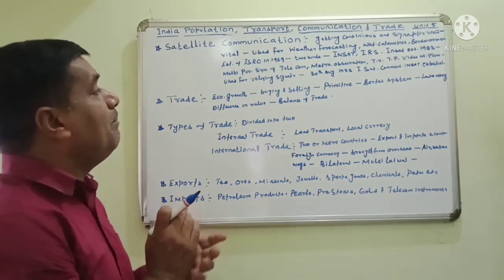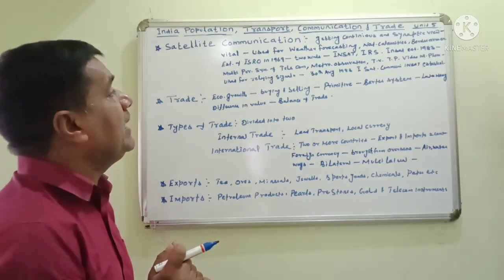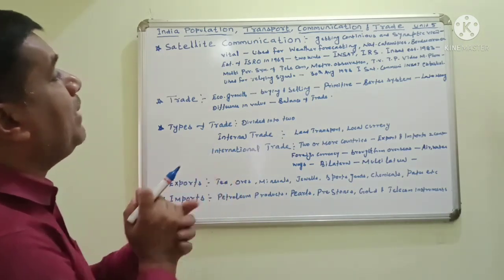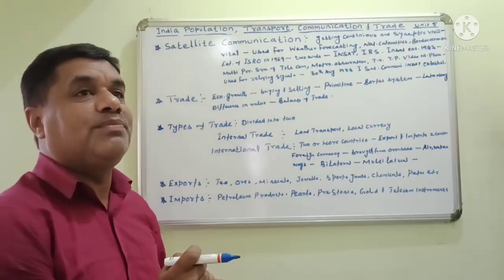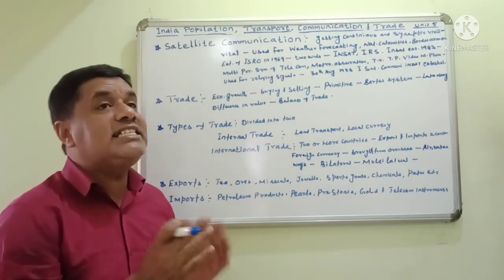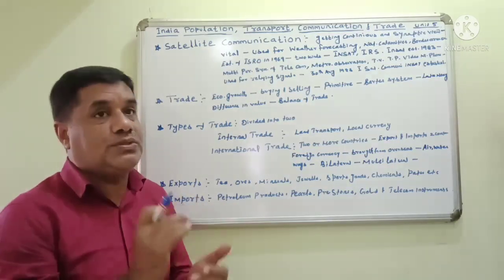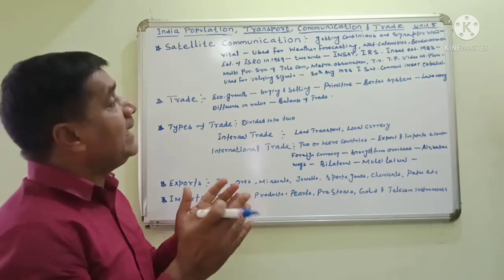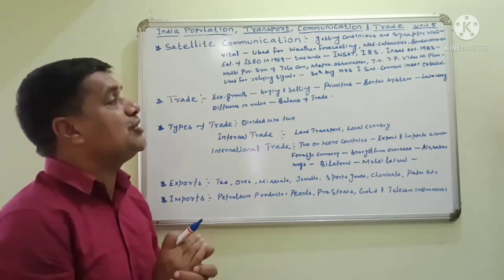Trade is the buying and selling of goods and services from one place to another. Primitive man used the barter system. In early days, only the barter system was followed. Barter system means what? Exchange of goods is known as the barter system.